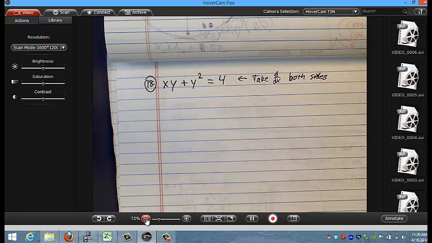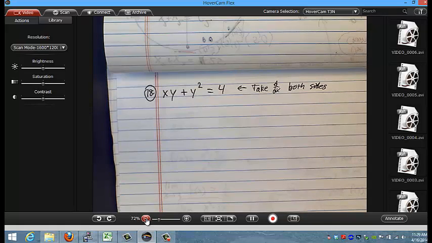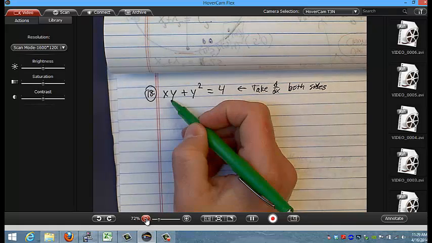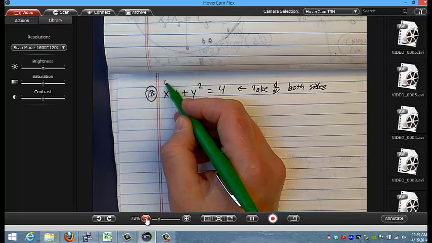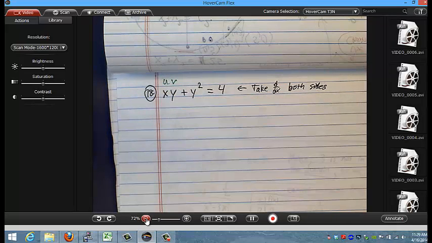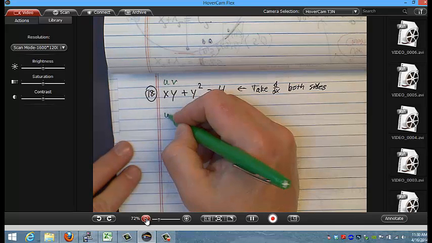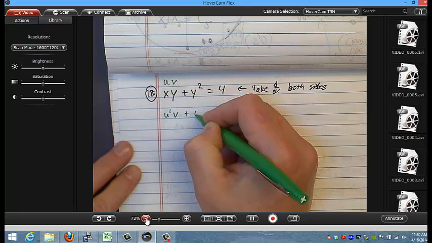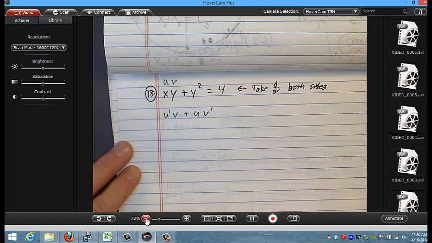All right? We have to be careful here. When you do d dx of the very first term, see how it says xy? Think of that as a uv. What rule am I going to have to do here? Product rule. I'm going to need u prime v plus uv prime, right?